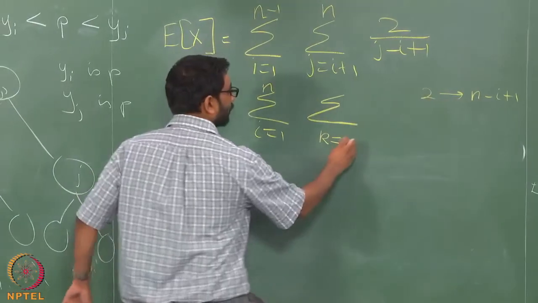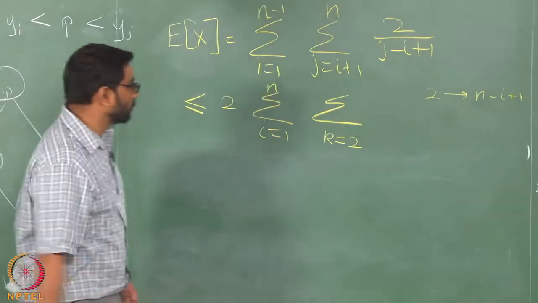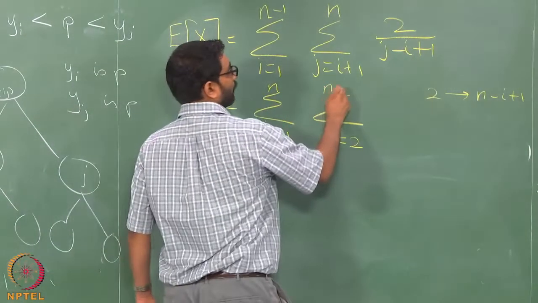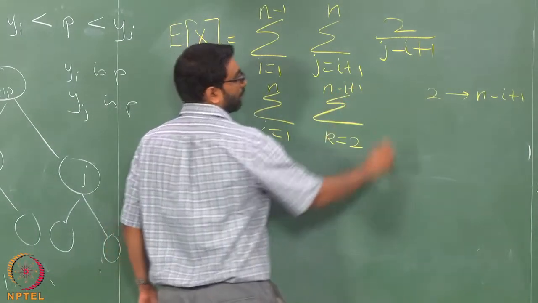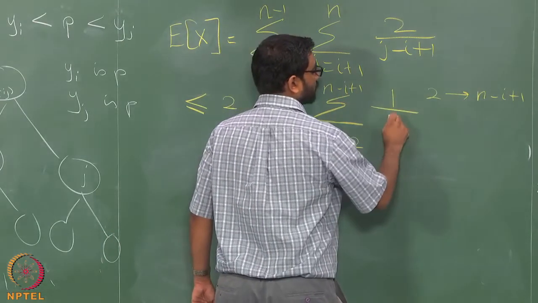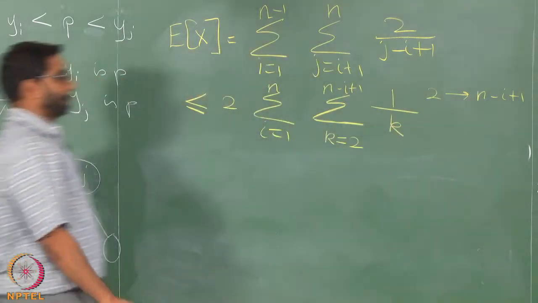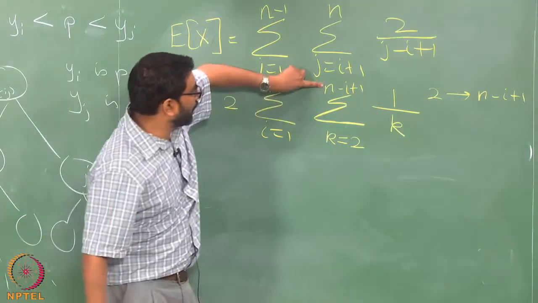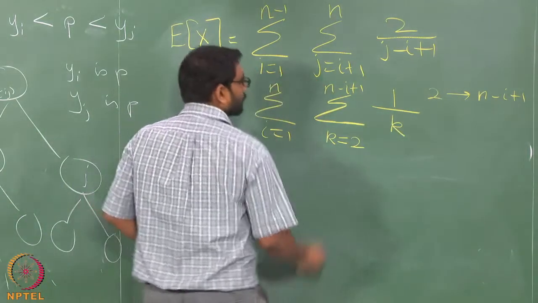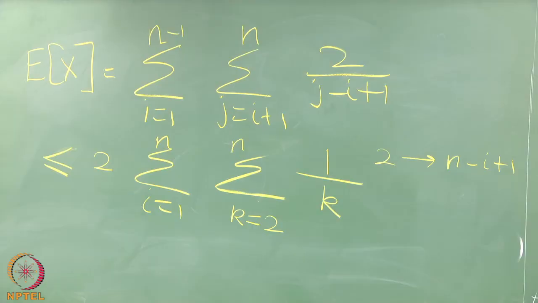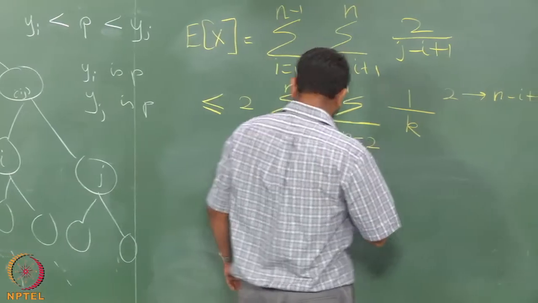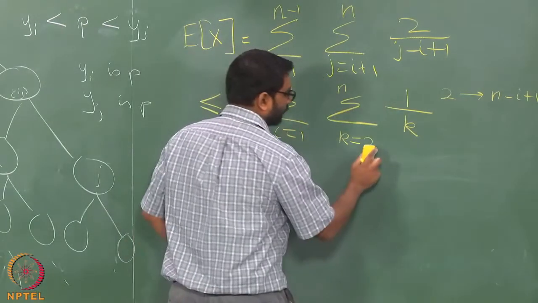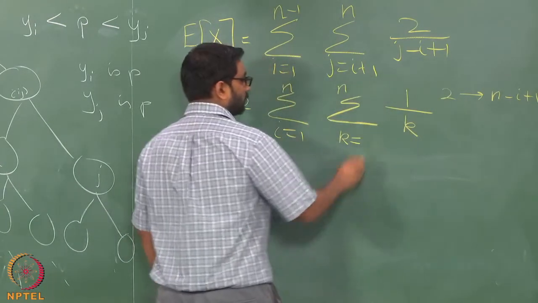So we're going to run the denominator from 2 to n minus i plus 1 and write it as 1 by k, and simplify this further. This is running up to n minus i plus 1, but I'm just going to make it run all the way up to n, and let's say I start at k equal to 1.